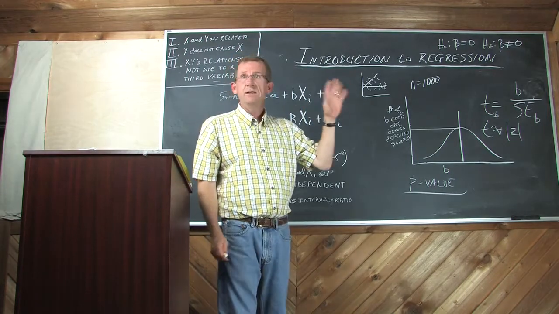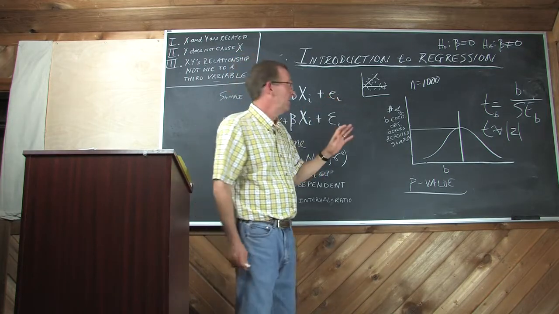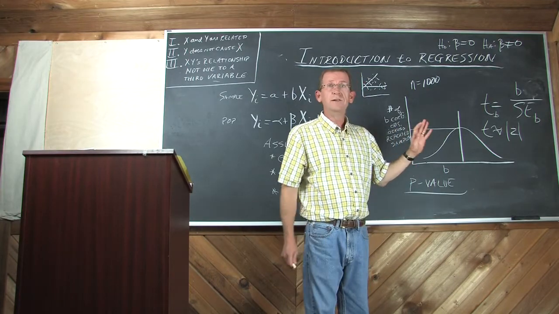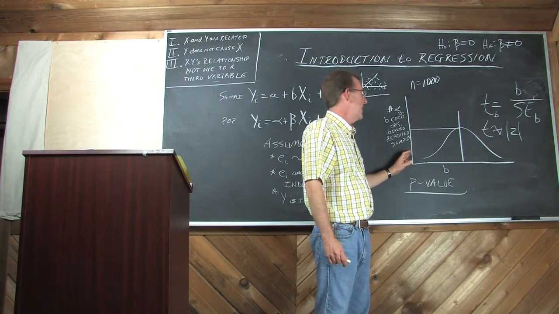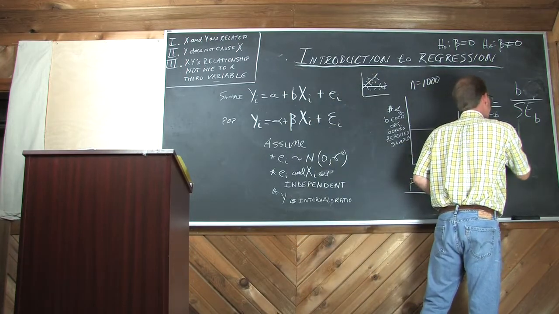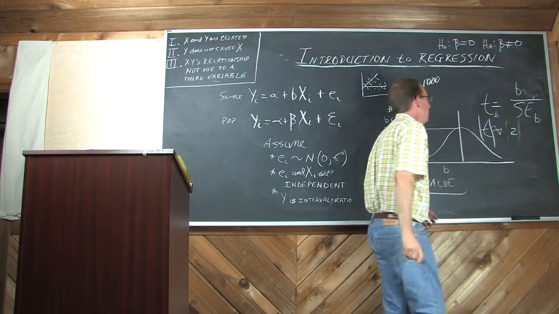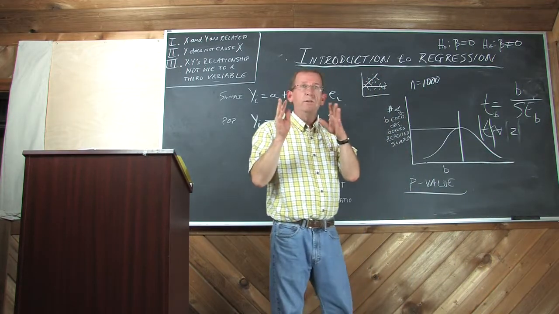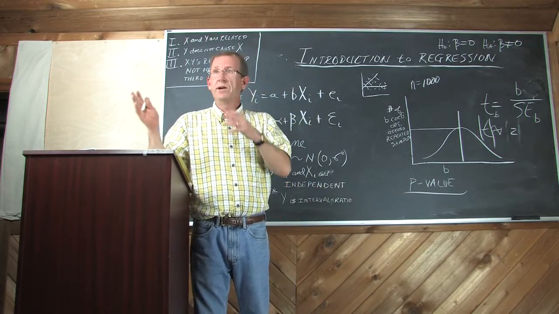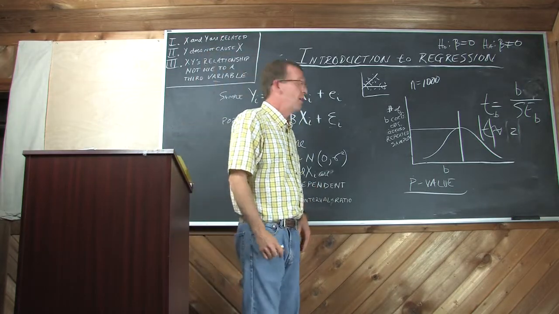So T's here are just like they were before. I'm not going to belabor this on the video. Might need to in the follow-up in class, but let's go ahead and do this. So something about equal to 2 or greater is going to produce a p-value at 0.05 or lower.